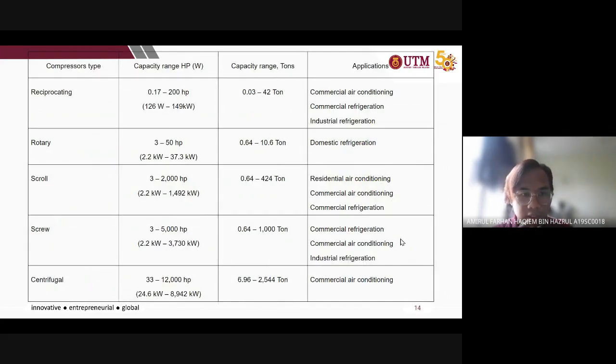The table here summarizes the capacity, the horsepower range for each compressor in terms of horsepower or tons, and also its common application.